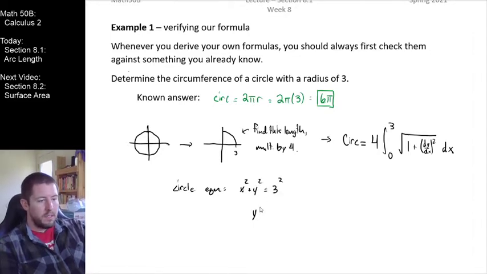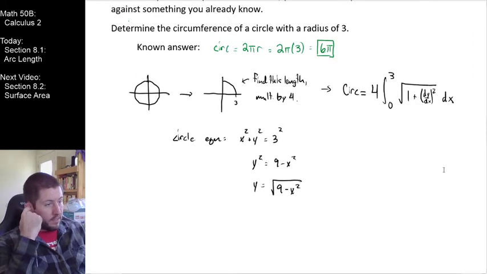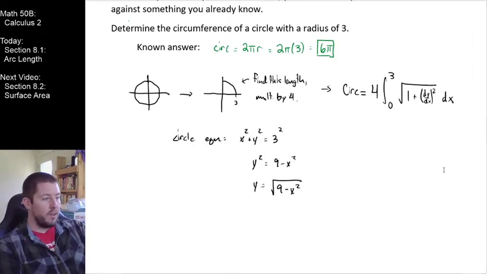So it looks like I can solve this guy for y. y squared is 9 minus x squared, and y equals, technically there should be a plus or minus on the square root, but I'm only considering the top part of the circle, so I'm cool with just keeping the positive part. And it looks like what we now need is dy dx to go ahead and throw this into our integral here, right?